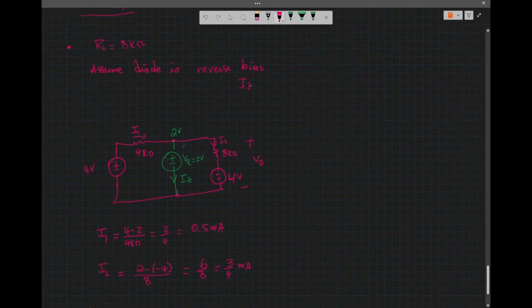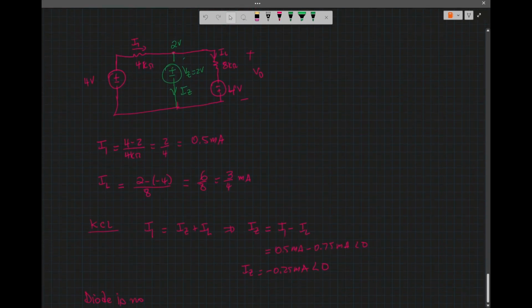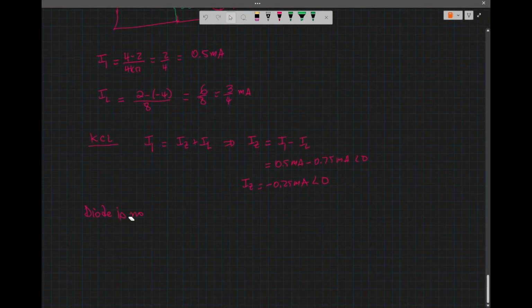Reverse bias means IZ must be positive, but that's not the case. So the diode is not reverse bias, that's what we assumed. So now let's check whether the diode is forward bias or not.